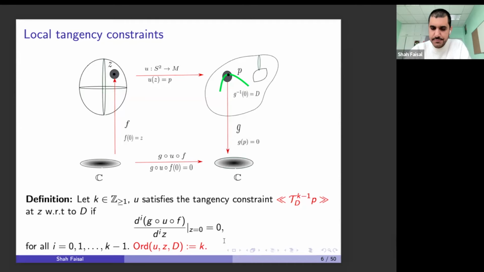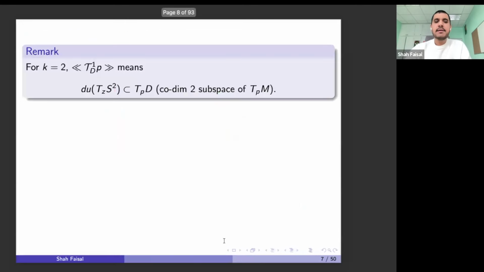So for instance, if you take k equals 2, then this tangency just means that the map U maps the tangent space of the sphere into the codimension 2 subspace of the divisor.